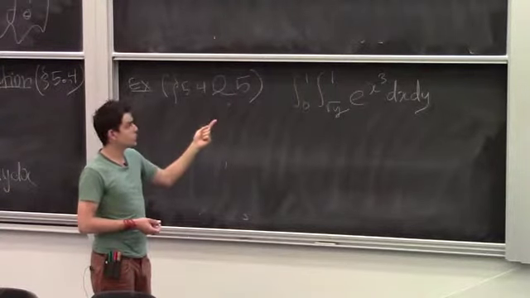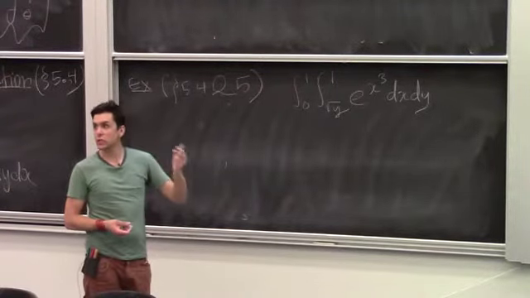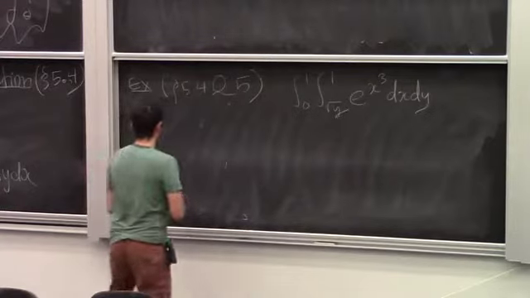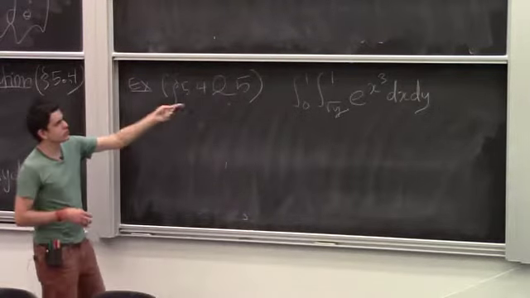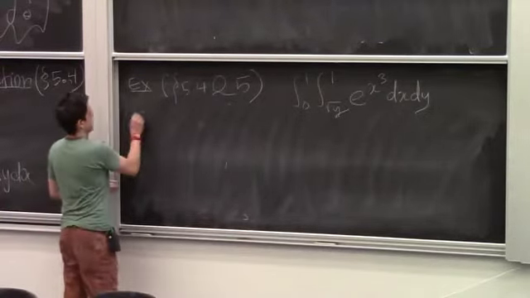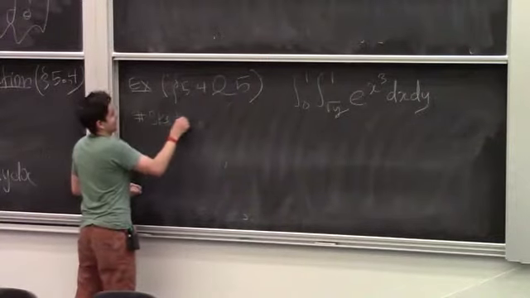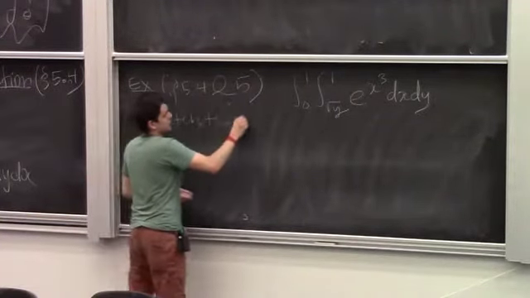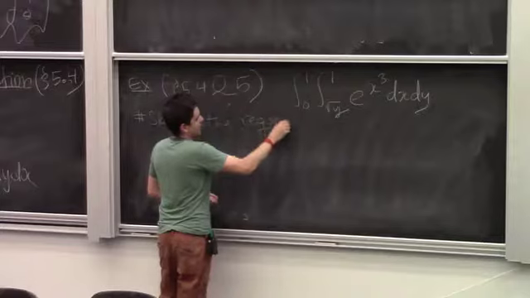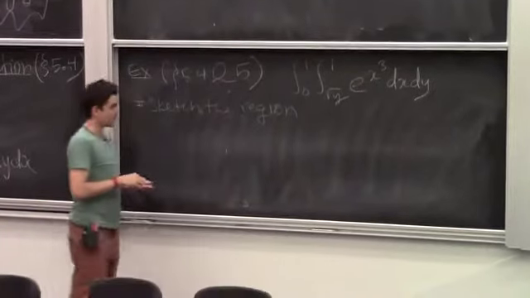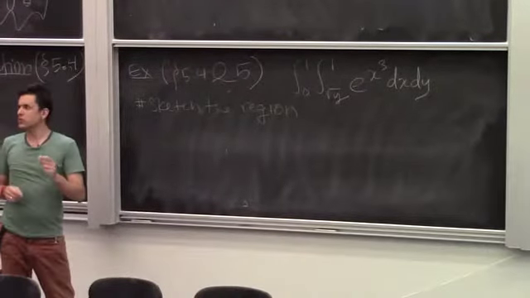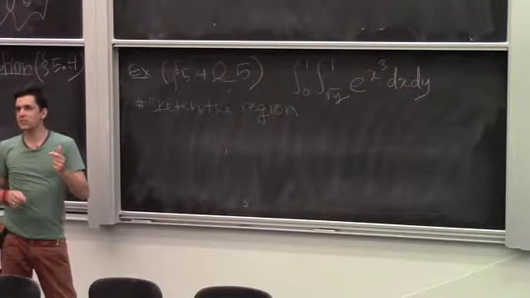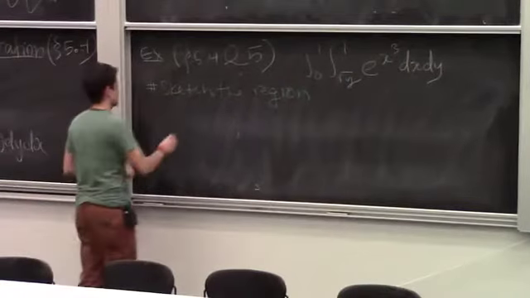Okay, now what we're going to do is we're going to switch order of integration. Oh, sorry. We'll start off by drawing the thing. Okay. This is also to get a little bit of practice in drawing the shapes of these regions.